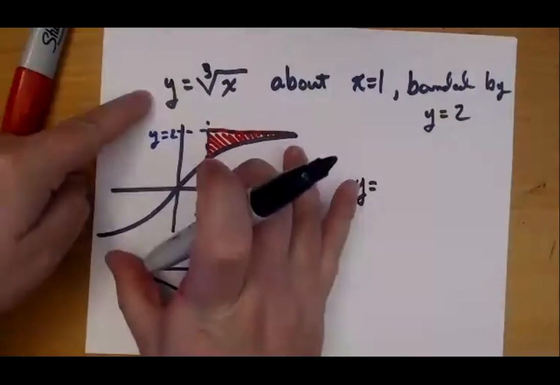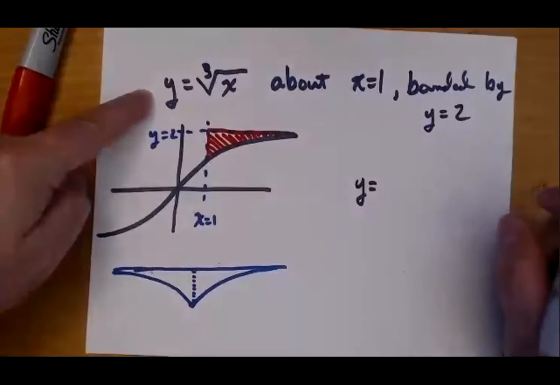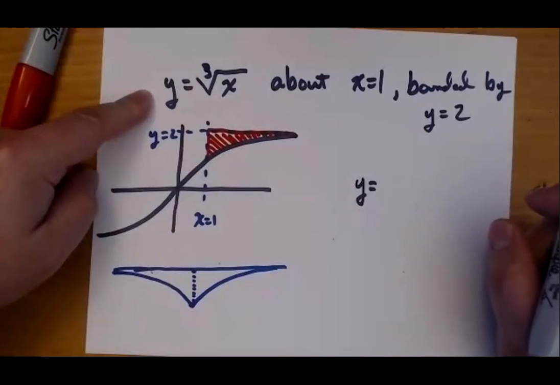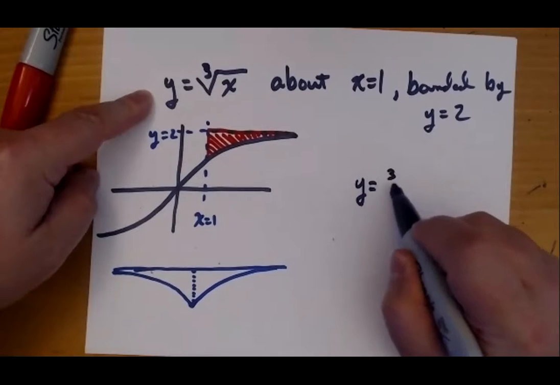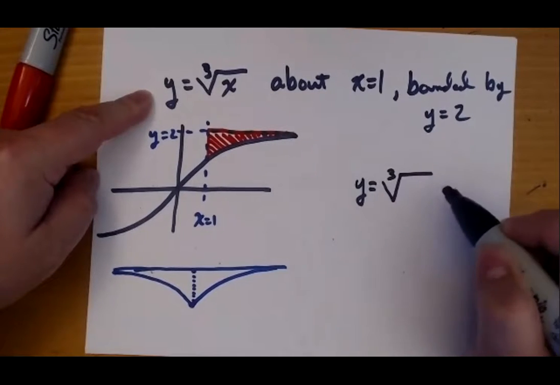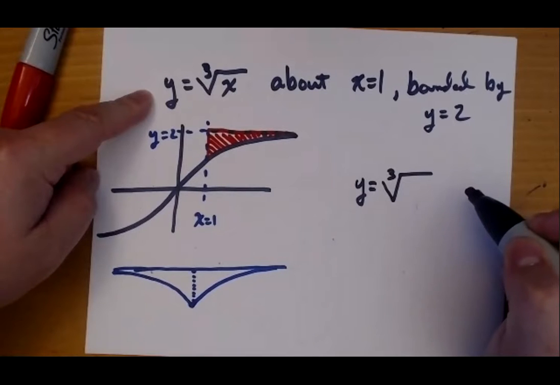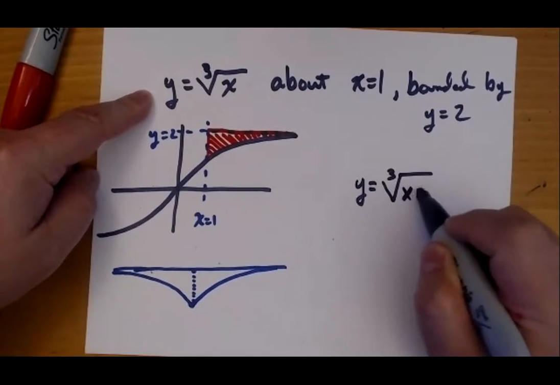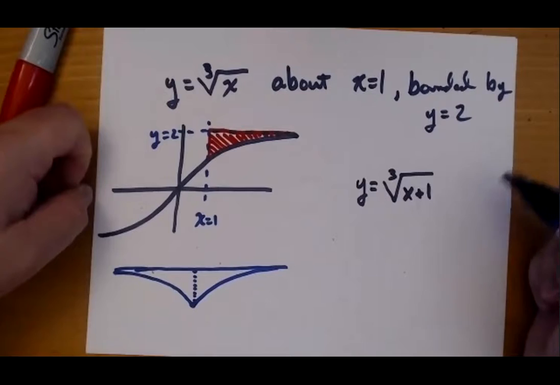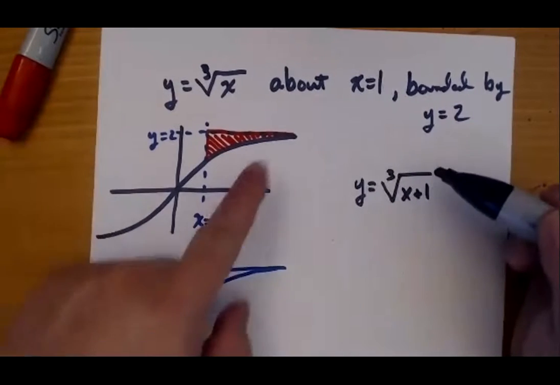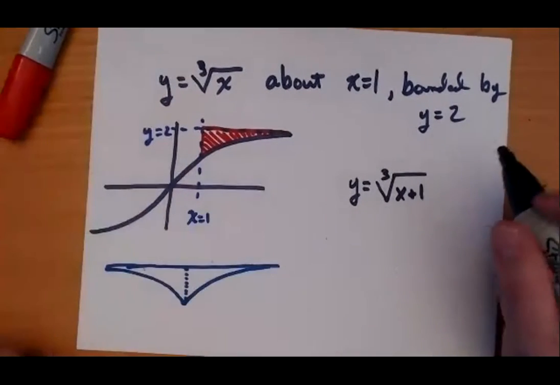How do I take him and move him like that? You add 1, so it'd be the cube root of x plus 1. Do I put it inside or outside the parentheses? Inside. And now that would be the function that we would be using to spin around the axis.